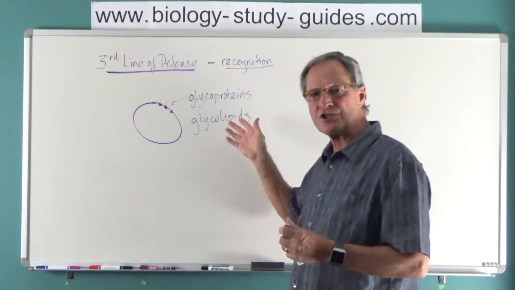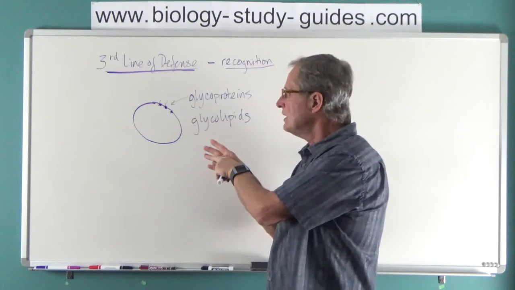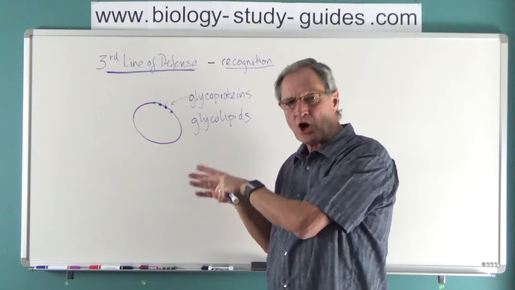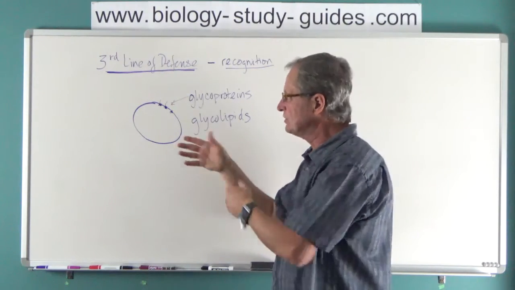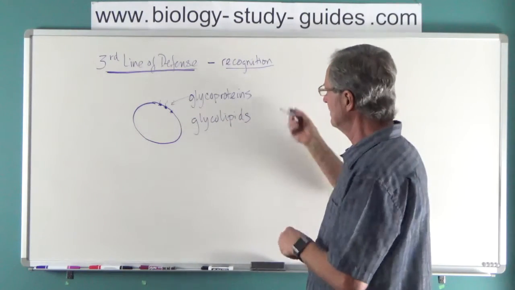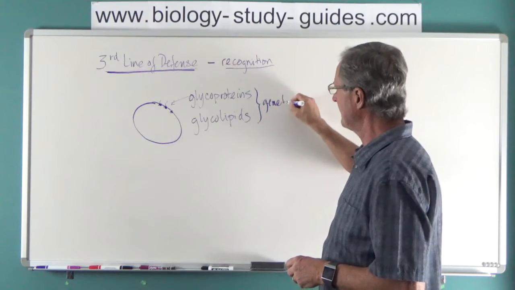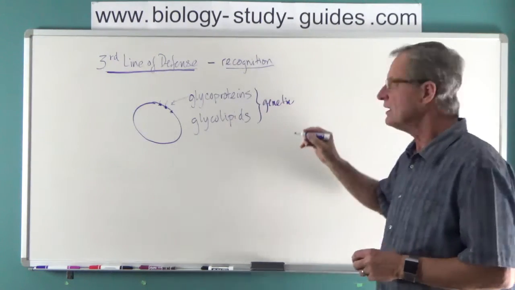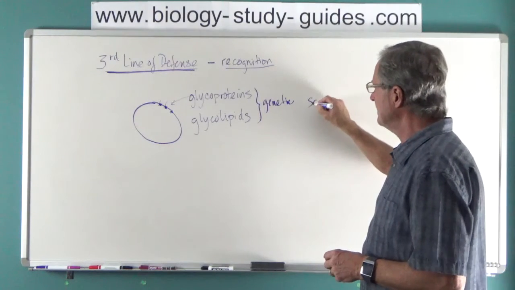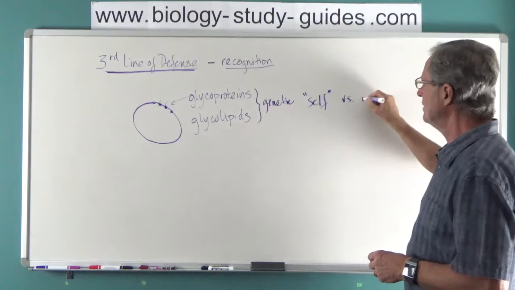The very existence of these features on cell membranes is genetic. They are what they are because of the genes in the chromosomes of those cells. These are genetic features. Therefore, they allow these definitions, self versus non-self.